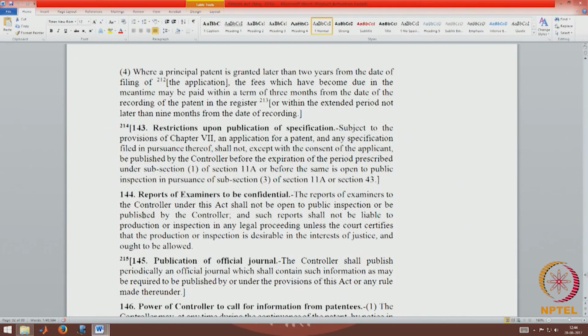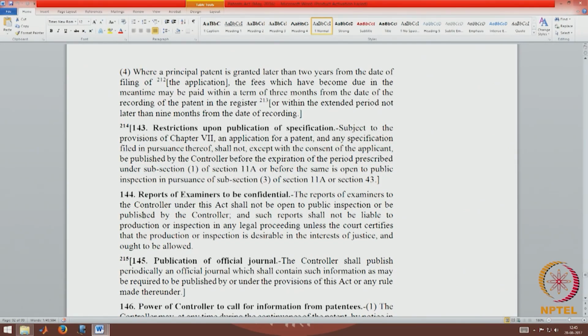This provision states that there is a normal 18-month period during which an application is kept unpublished, unless the applicant requests for a publication.